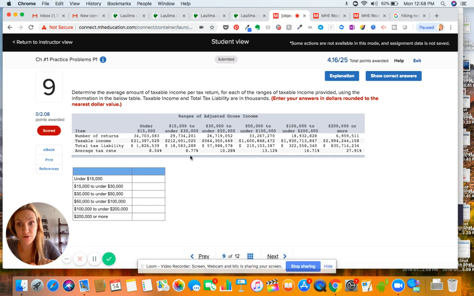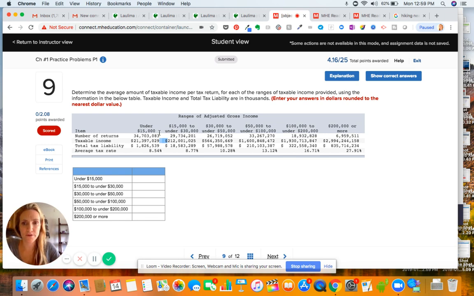That can't be correct, because although these are in thousands, rounded to the nearest dollar, that means taxable income and total tax liability are in thousands, which means we have to add another 3 zeros.